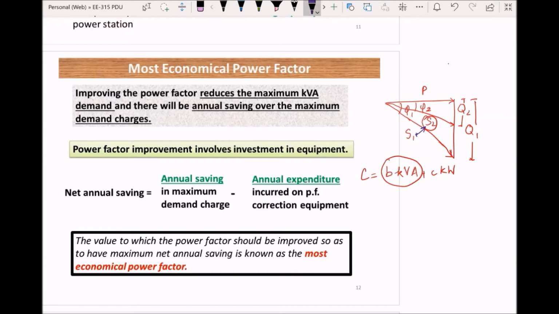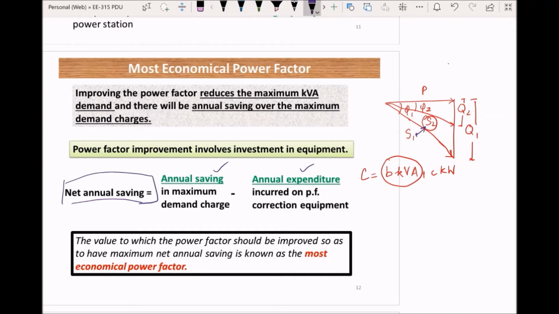Therefore, the actual net saving can be equal to the savings in maximum demand charges minus the annual cost of the power factor correction equipment. So this is going to be the expression for the net annual saving.